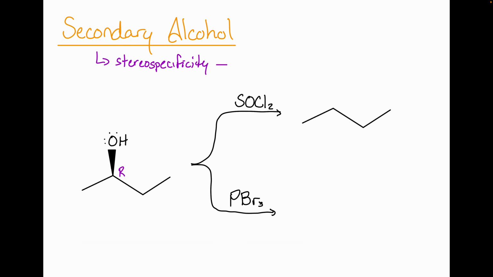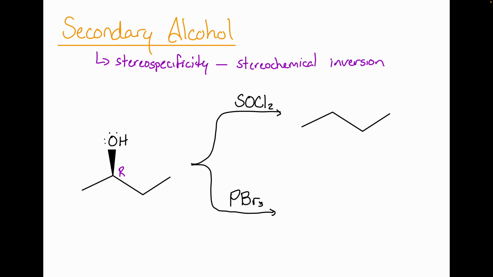This is not an addition reaction like what we were seeing with alkenes. So we're not going to talk about syn or anti additions. All right, these are substitution reactions. And for substitution reactions, we have a different type of stereospecificity that we're going to see, what's called a stereochemical inversion.